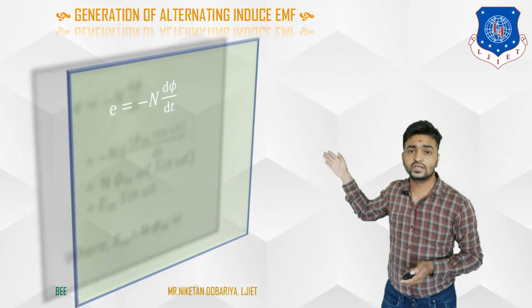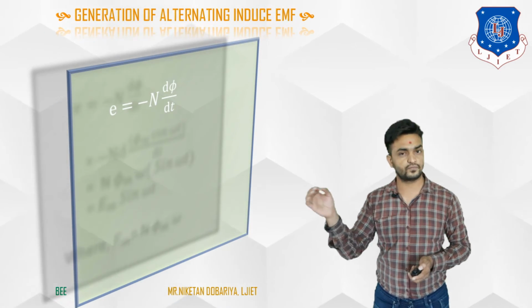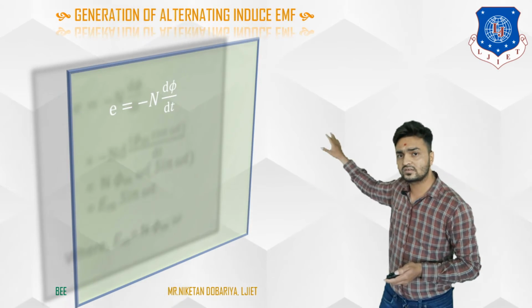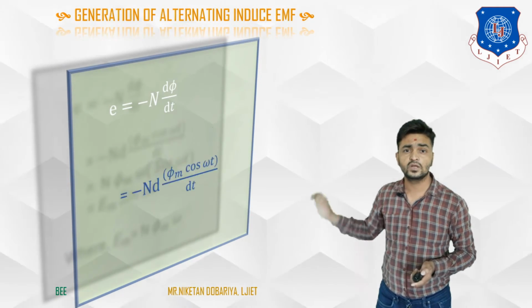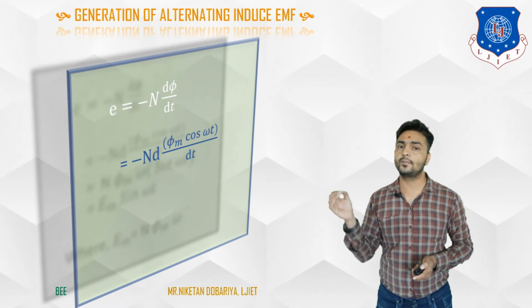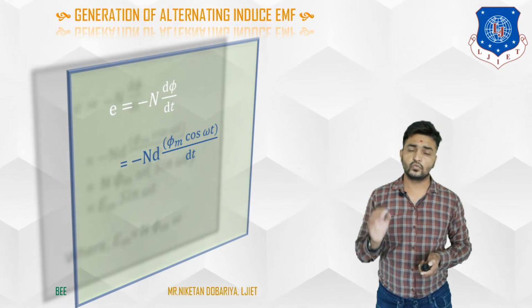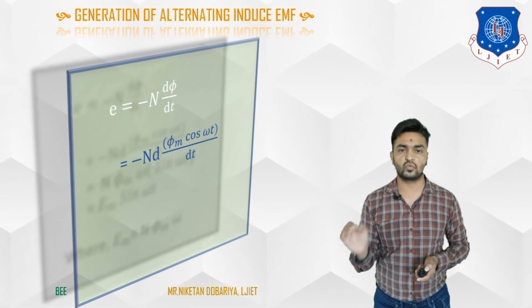Here we know N is the number of coils, and dphi by dt is the rate of change of flux. If we put the value of flux phi, that is phi m cos omega t, then we have phi m cos omega t in the derivative portion, and we know that phi m is a constant value.